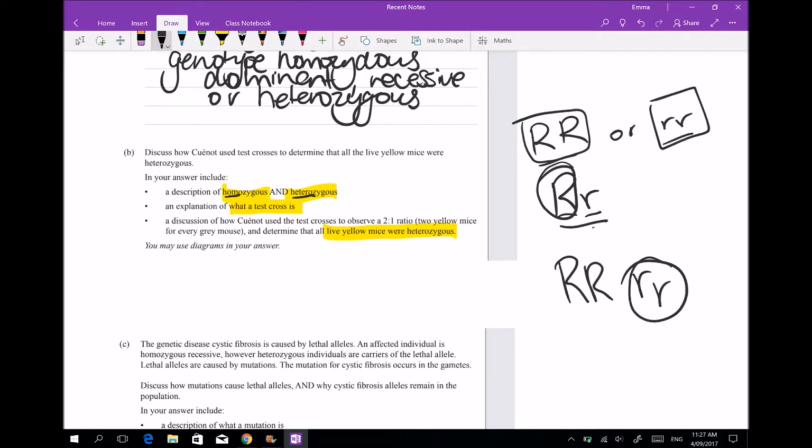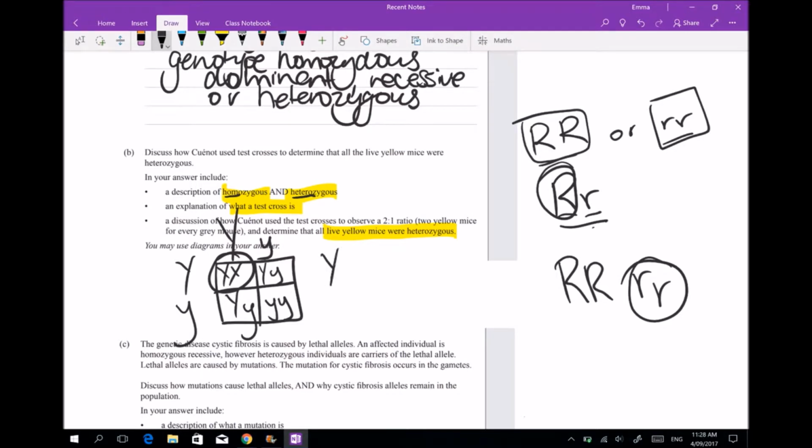Okay, so how did Cunot use the test crosses to observe a 2-to-1 ratio? So let's think again back to his first original cross. So he crossed an individual like this. This individual would have died, so we would have ended up with 2 of those and 1 of those.